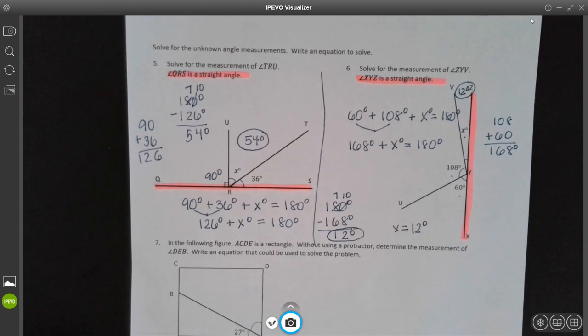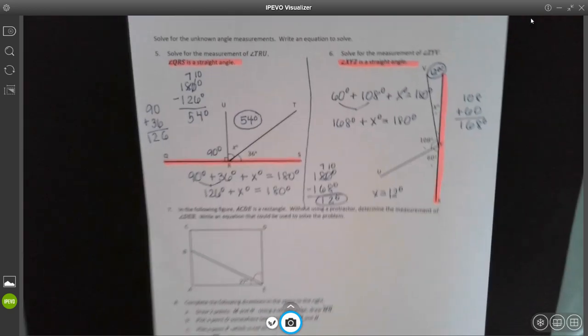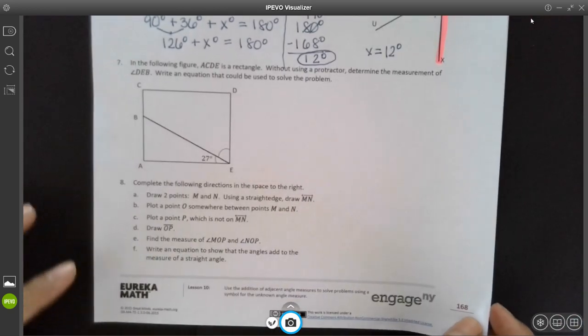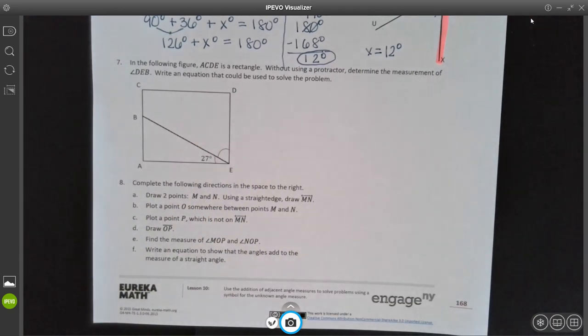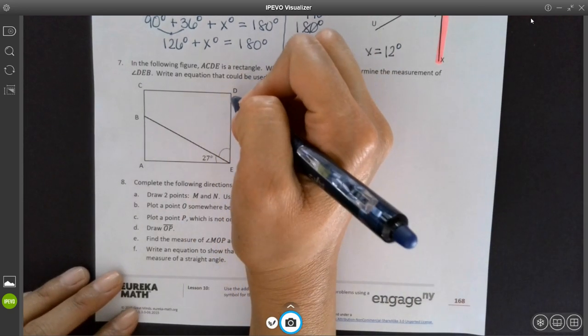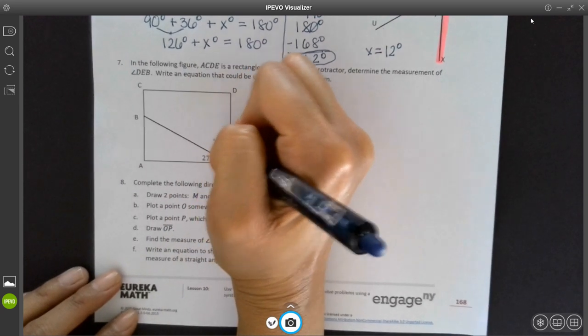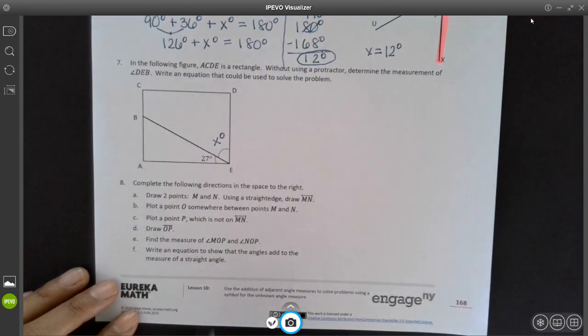All right, let's move on to number 7. Number 7, in the following figure, ACDE is a rectangle. Without using a protractor, determine the measurement of angle DEB. So DEB, this is our missing angle.